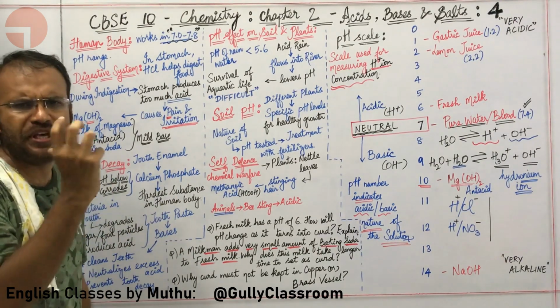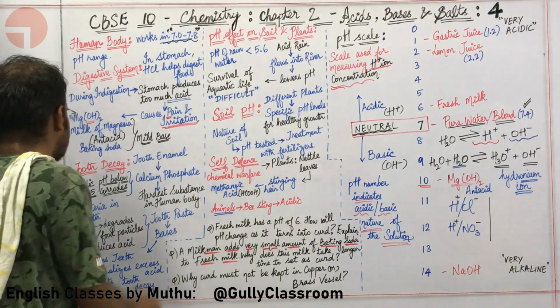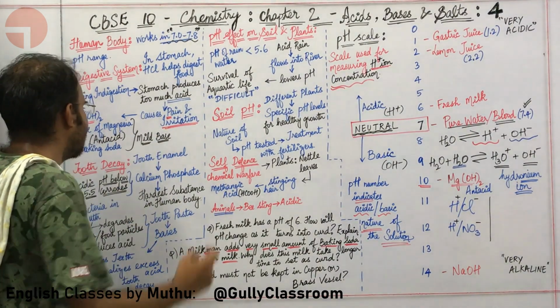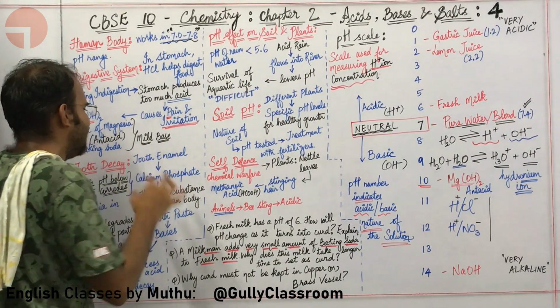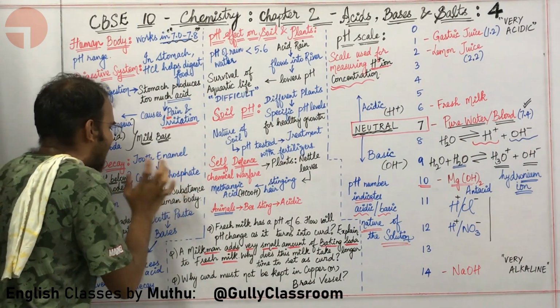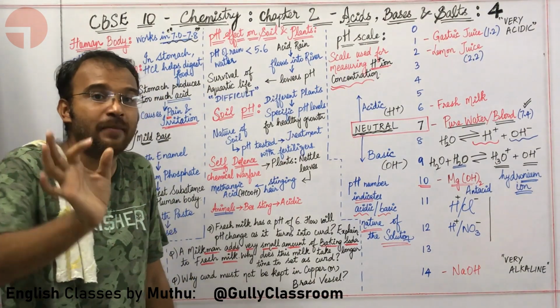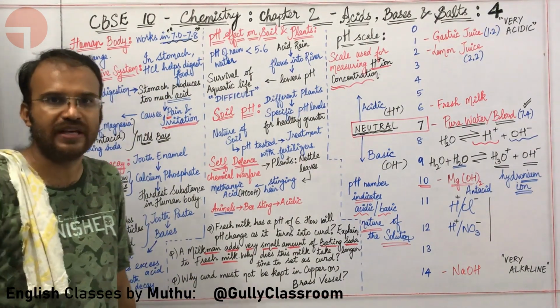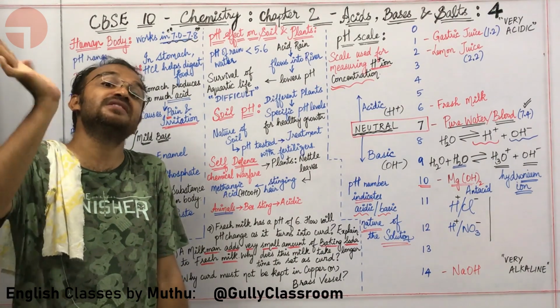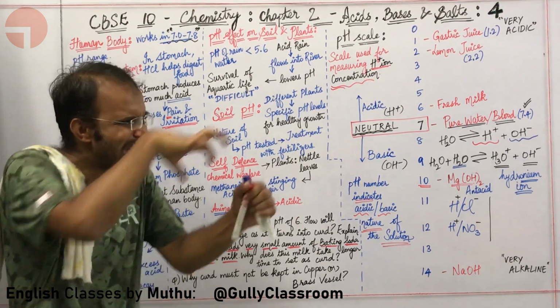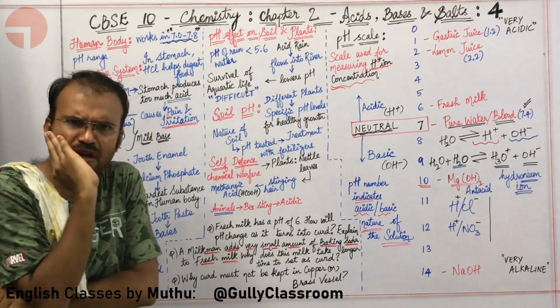How does pH affect tooth decay, sir? Come on, let me give you an idea. Tooth enamel is calcium phosphate. This calcium phosphate tooth enamel is the hardest substance in the body. But even this hardest substance in the body can get corroded. How, sir?